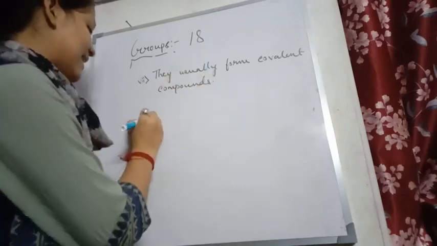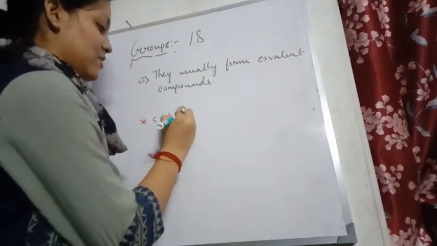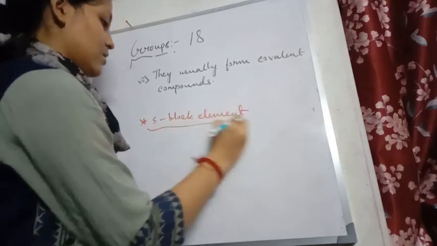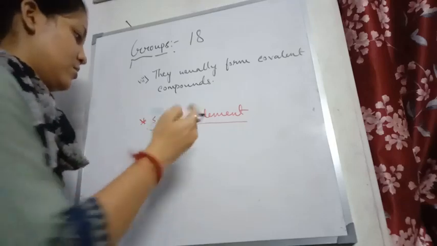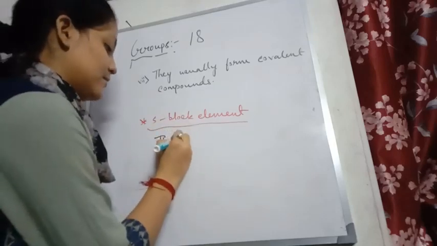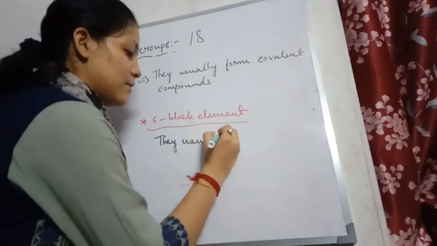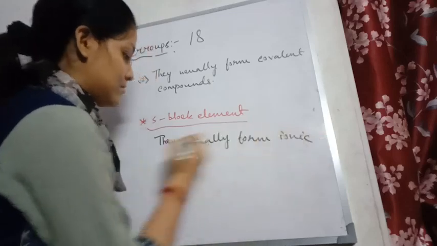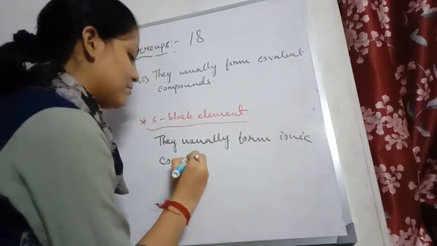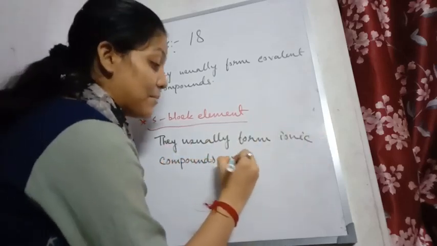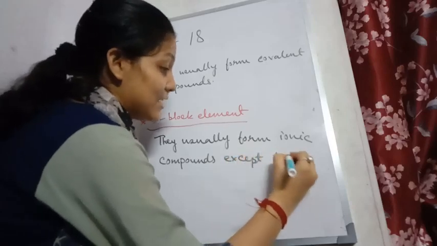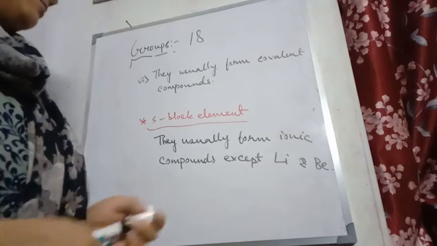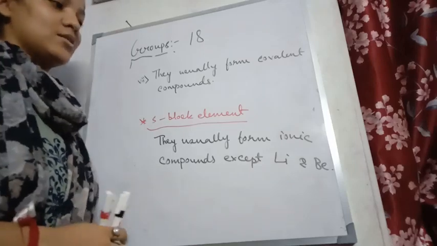Just add in s block elements: they usually form ionic compounds except lithium and beryllium. Just add this in the s block elements. Okay, that's it. So thank you class.